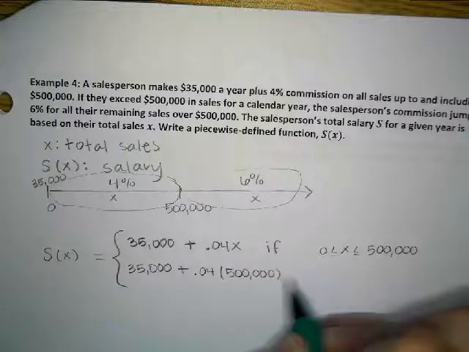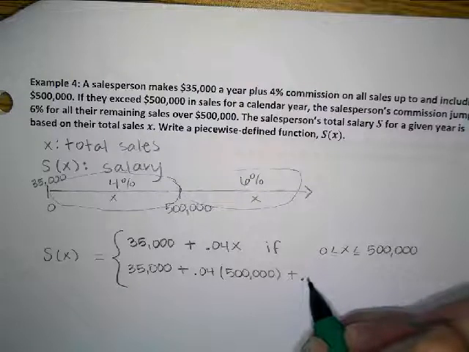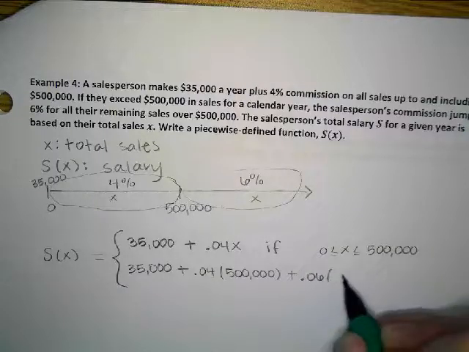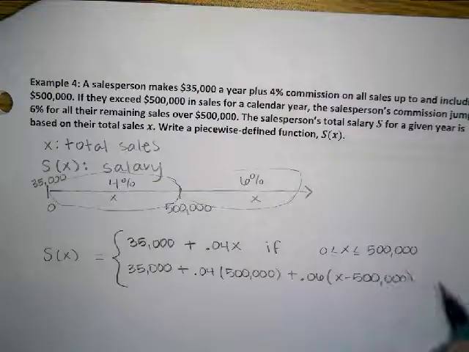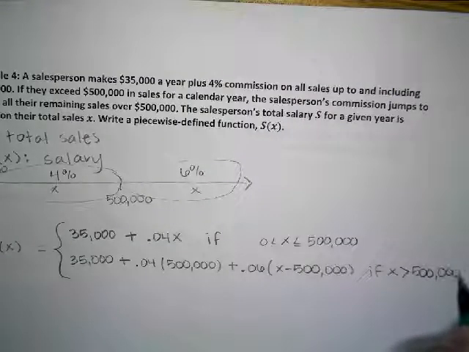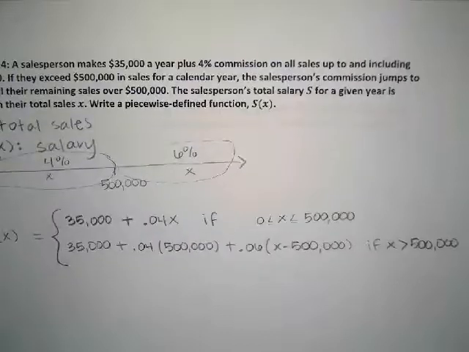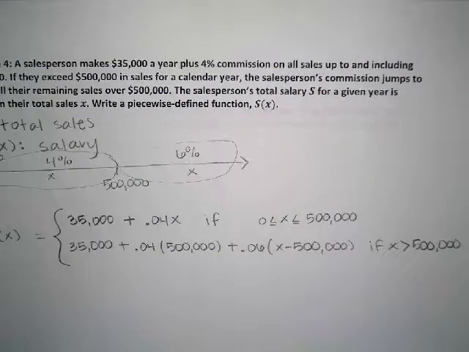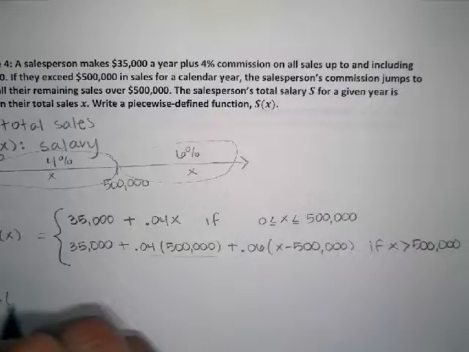If x is greater than, what did you say? 500,000. Nice. Oh, no parentheses. Okay. Perfect. Now what should we do? Yeah, simplify. So we just need to figure out what this is so we can add it. So the first line is good. That one can be left alone.